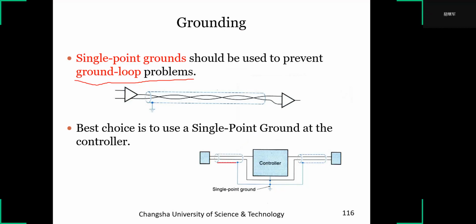This is a circuit, and this is another circuit. The microcontroller connects to one point, and then the single point is connected to ground. One single point ground.